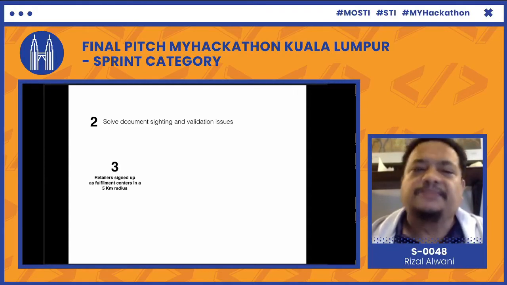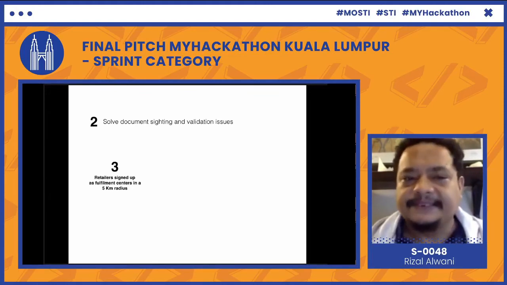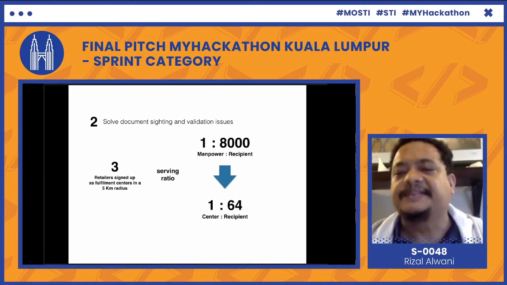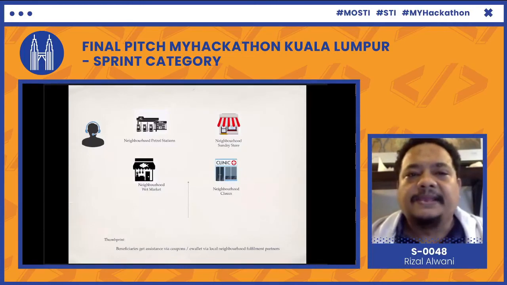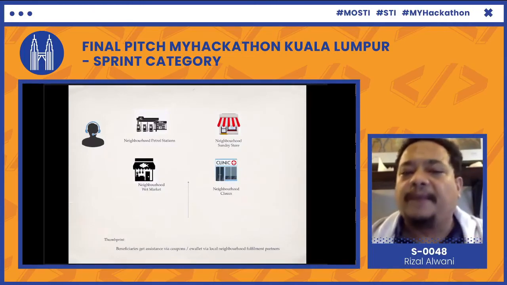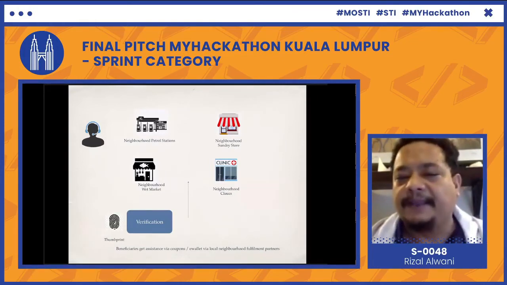Second, we solve document citing and validation issues. Within that 5-kilometer zone, we will sign up retailers to become our fulfillment centers. That will bring down the ratio again from 1 to 8,000 to 1 center to 64 recipients. So let's take a look at the fulfillment centers. We will empower the fulfillment centers with a verification system that will be able to verify the beneficiaries with a thumbprint mechanism.